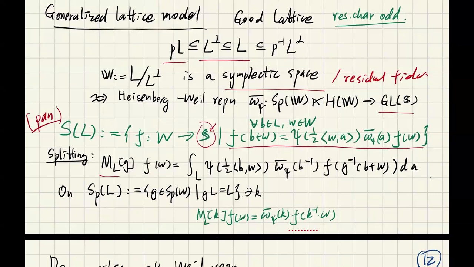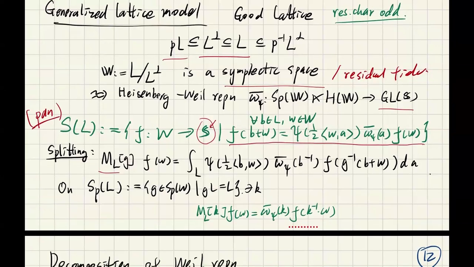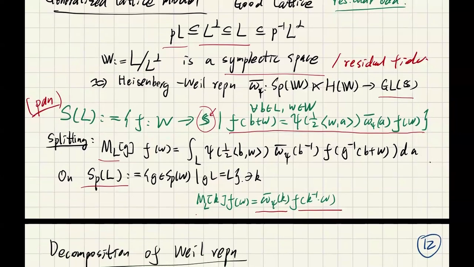The nice part is that when restricted to SP_L, its action is just by translation of the function and the Heisenberg Weil action on the fiber. So it's a most naive action. Hung Yu Loke and I, and also Pan Shuyan, use quite a lot of this generalized lattice model to study the Weil representation and local theta.